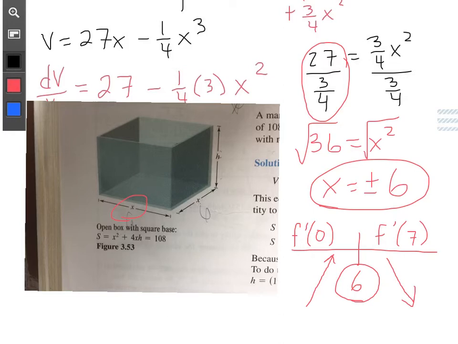And so the box, when it has a length of 6 and a width of 6, has the maximum volume. Now, we need to calculate what the height would be, right? 3. Very good. And so the maximum volume for this box would be if the base equaled 6, the width equaled 6, and the height equaled 3.